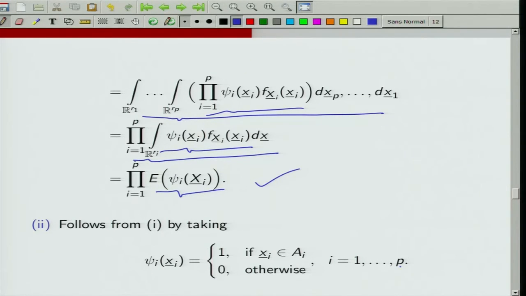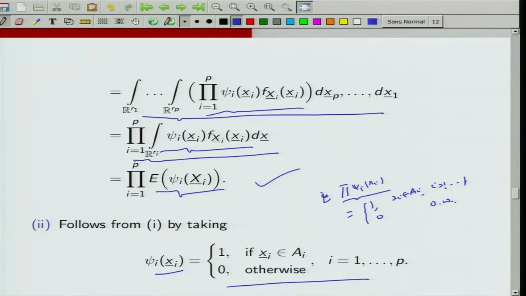Now, the second result follows by just taking the psi_i(xi) function to be the indicator of Ai. Then I know that the product of psi_i(xi) is either 1 or 0. This would be 1 if all of them are 1, that means if xi belongs to Ai for i equal to 1 to p, and 0 otherwise.